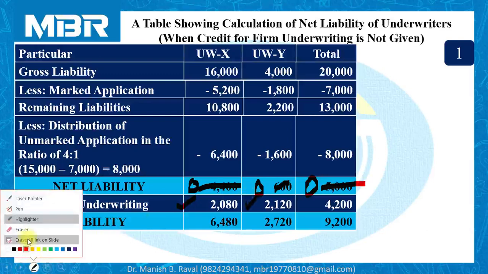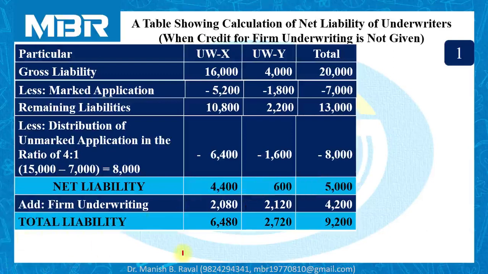2,120 shares from the company. So in order to maintain the interest of the individual underwriters in the shares of the company, in addition to the general underwriting, that is 16,000 and 4,000, they are entering into additional underwriting, which is known as firm underwriting.